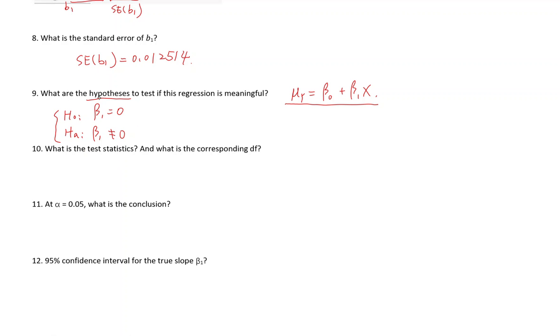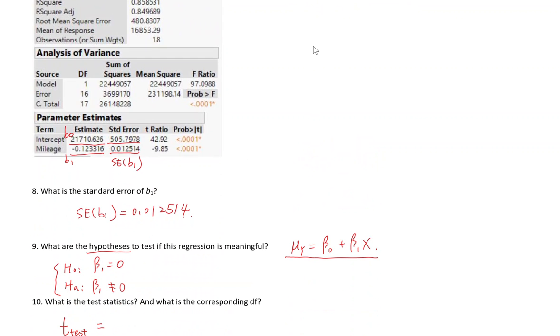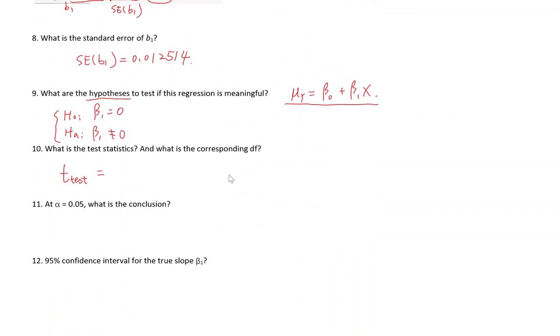For testing about beta 1, we have the t-test statistic, right? Okay, now where to find the t-test statistic? You don't need to calculate by the formula. It is given here. The t ratio is just the t-test statistic. All right, so this is your test statistic, which is just negative 9.85.